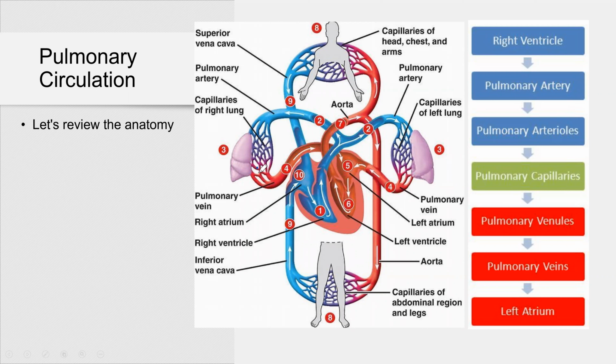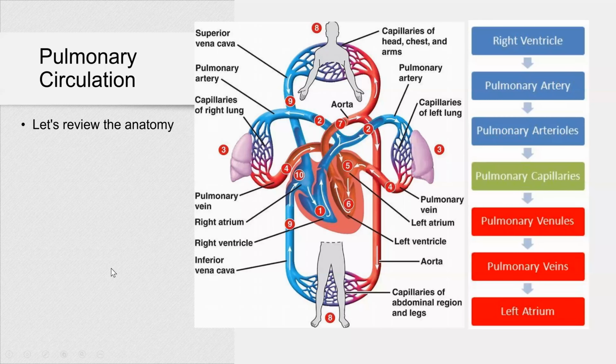Then pulmonary venules, pulmonary veins, and here is our left atrium. So here we go back to the left atrium, from the left atrium to the left ventricle, from the left ventricle to the systemic circulation, so we go to the upper part of your body and the lower part of the body. Okay, that's way better, right?